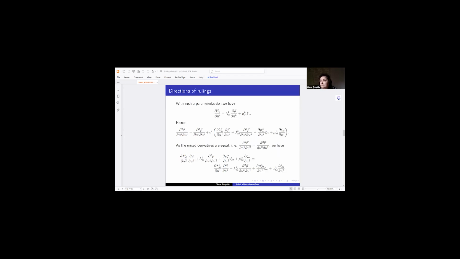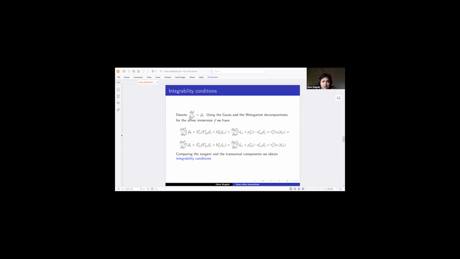Let us assume that for the affine surface rho, we have such an affine connection nabla, and we can substitute here the Gauss decomposition and here the Weingarten decomposition. Then we compare tangent and transversal parts, so we obtain integrability conditions.